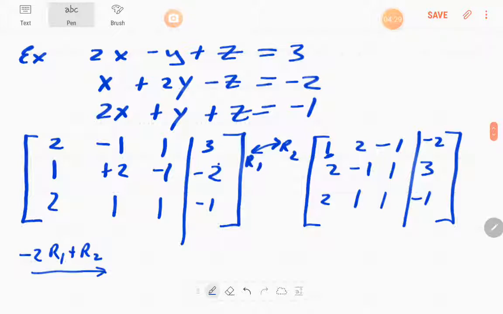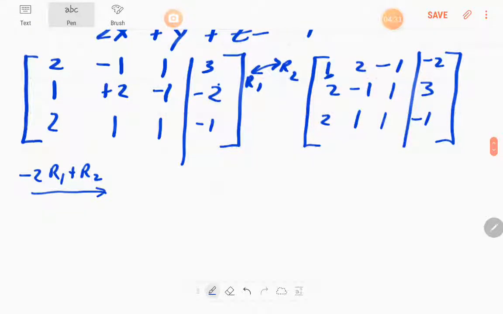And to save time, I'll do the same thing to make the third row 0 below the 1 in the first column. So I'll do minus 2 times row 1 plus row 3. So these are two separate instructions I'm applying.